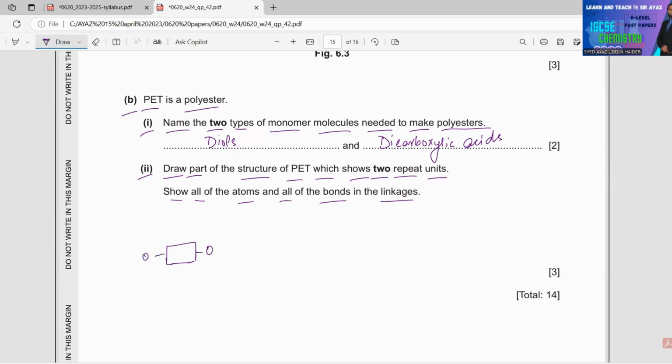This is diol. I have removed H and join this with the C double bond O, which is coming from dicarboxylic acid. I have removed OH from dicarboxylic acid. Must be like this. If you want, you can show one more. So this will be the final structure of PET.